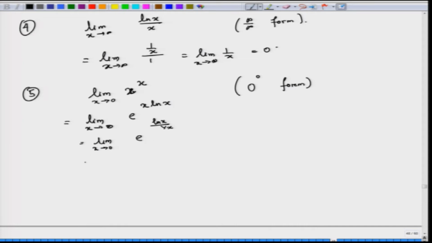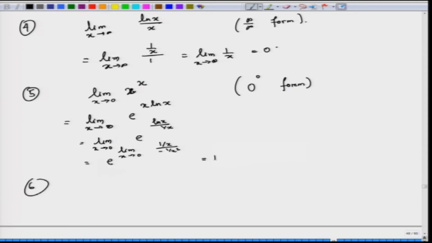So this is equal to e to the power, of the infinity by infinity form, and we have 1 over x divided by minus 1 over x square. So, this is going to be equal to the limit as x goes to 0 of e to the power minus x, which is equal to 1.